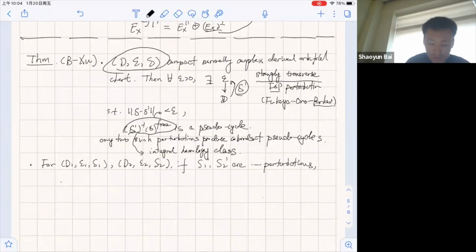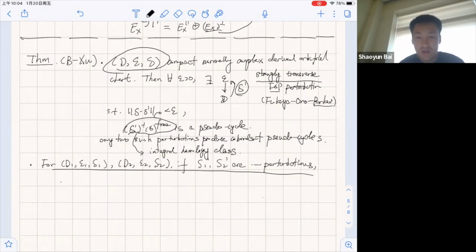And for the purpose of Floer theory, if we consider a pair of derived orbifold charts such that for each of them we found a perturbation, which as a FOP perturbation is strongly transverse, the statement says that this perturbation is multiplicative in the sense that so is their product or sum.